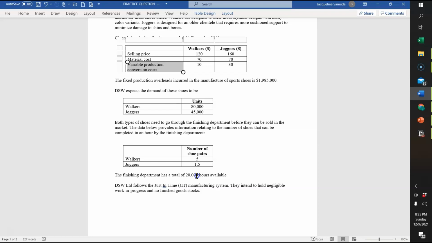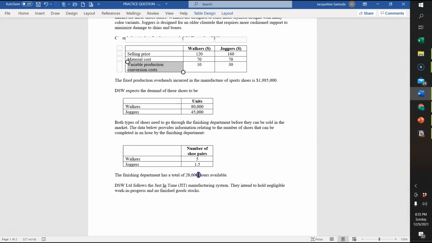And for us, because the question is not clear, we're not really sure if it is 1 hour of skilled labor or 1 hour of machine time, but it's basically irrelevant. We know that we're focusing on the finishing department, which only has 20,000 hours of available time.